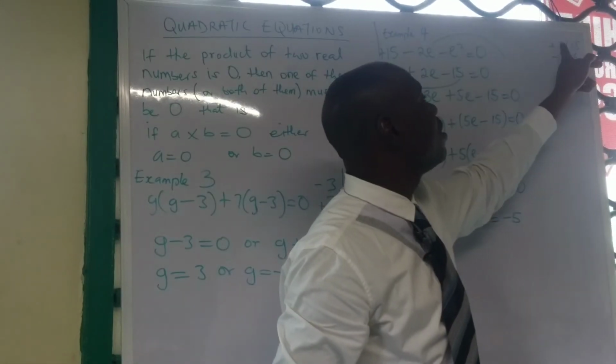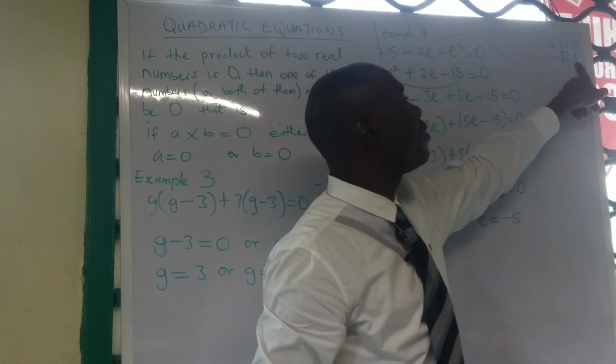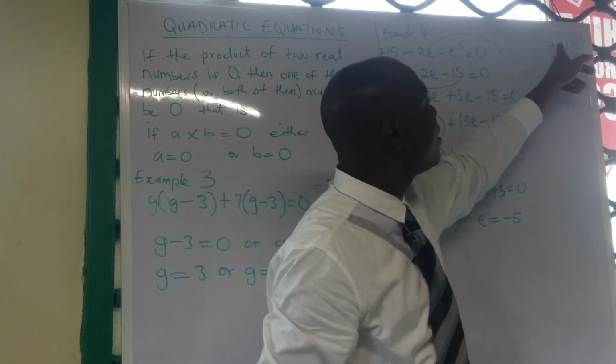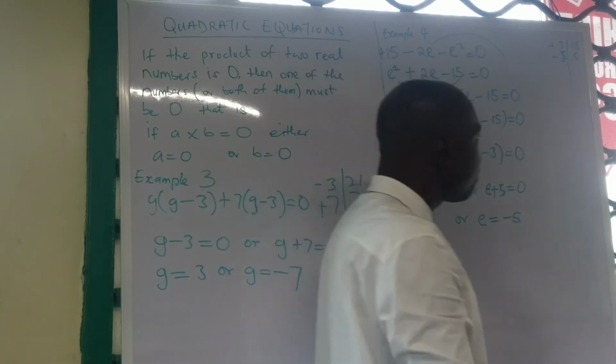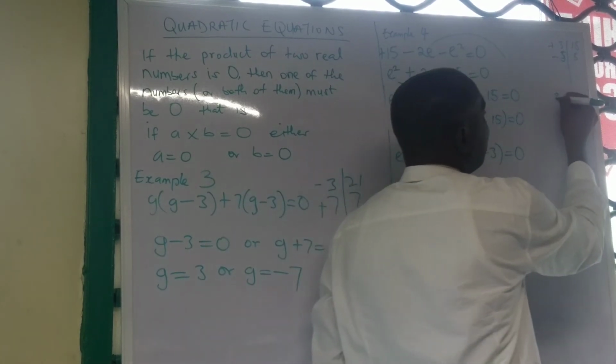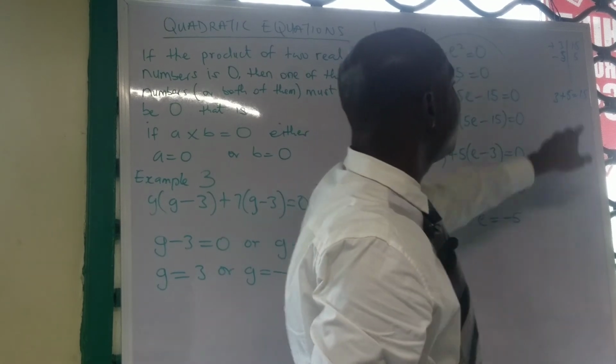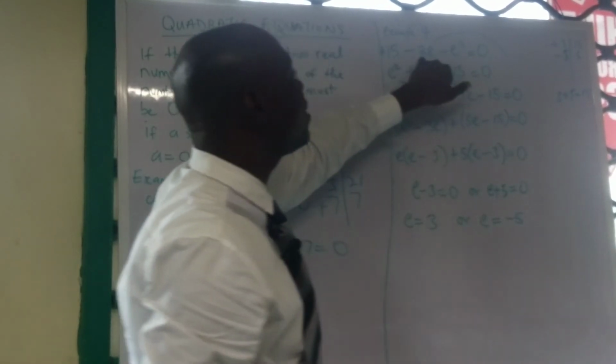We look for 15. 3 in 15 will give us 5. Then 5 in 5 is 1. So if you multiply 3 times 5, it's still going to give you 15. That means 3 times 5 equals 15. Then we're looking for positive 2 now.